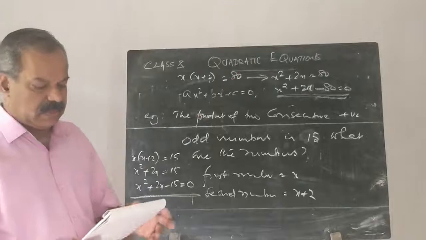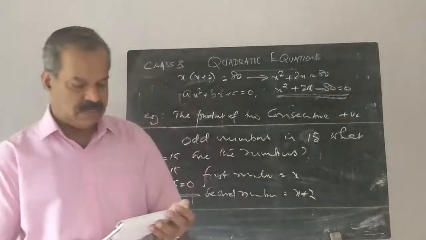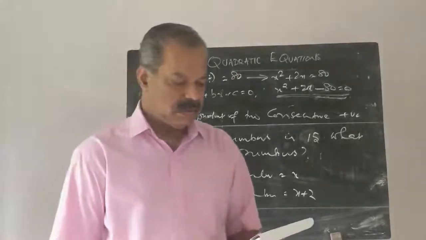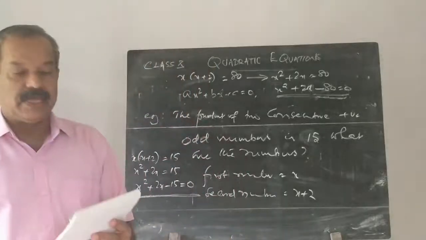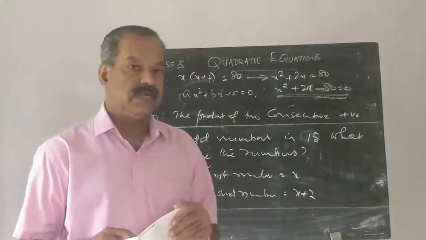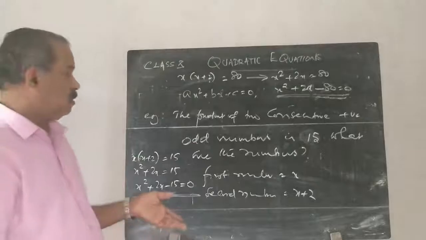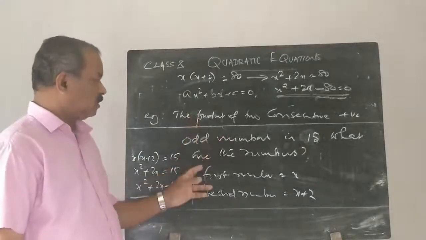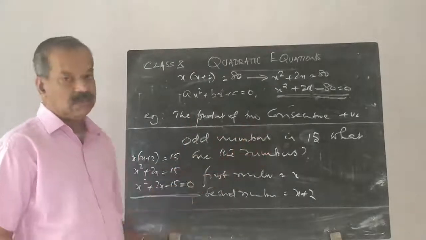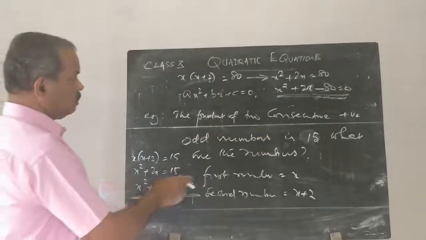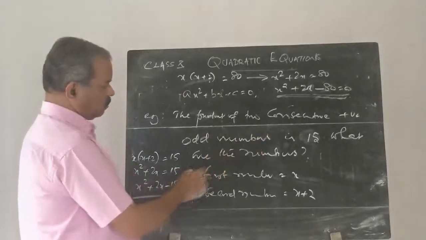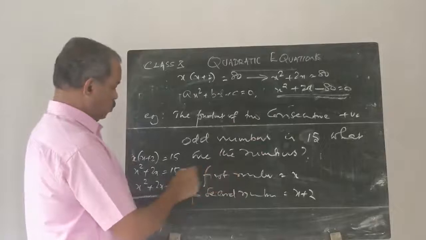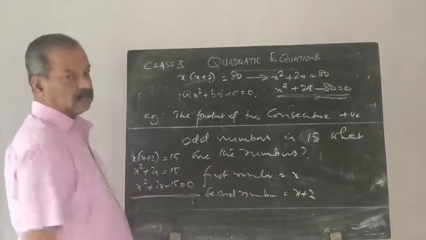In this way we can convert statements into quadratic equations, and thus we can find the required factors given in the question or in the statement. Here the factors required to find out are two numbers, first number and second number.